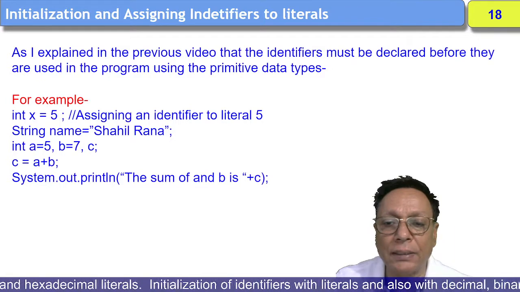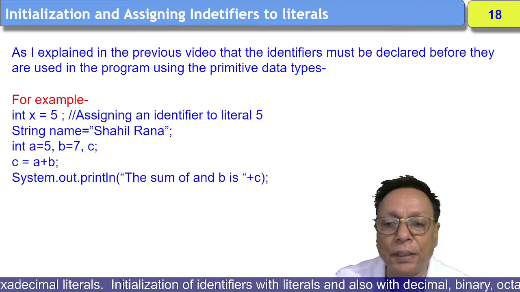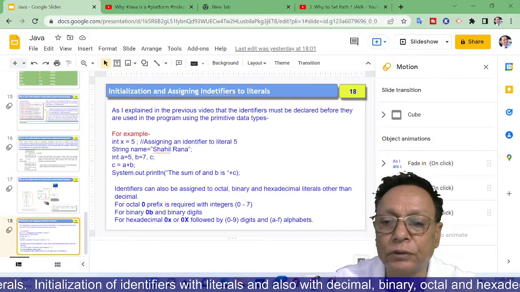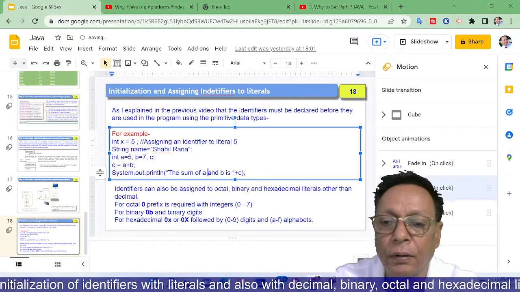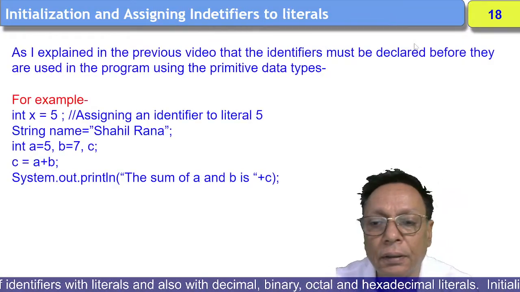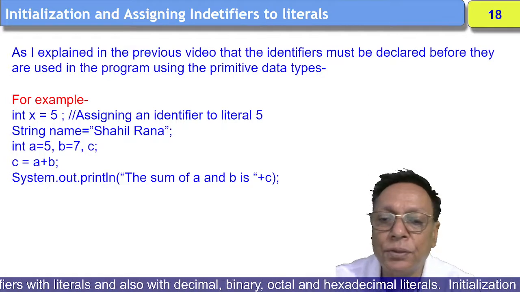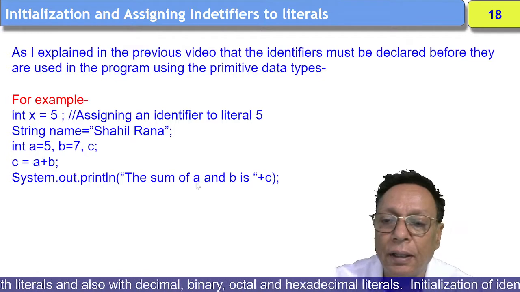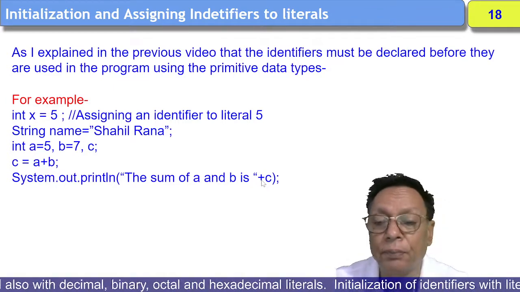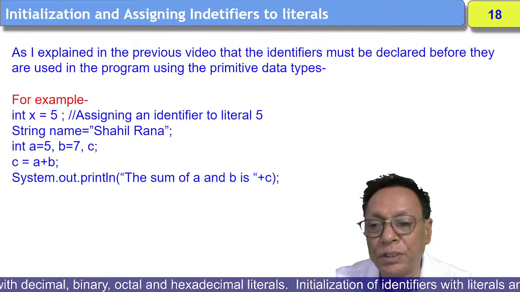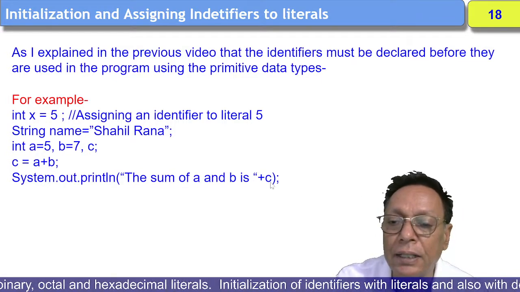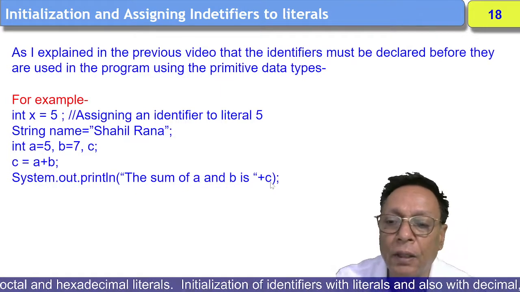Over here, when you apply this function to print the sum of A and B, you write: the sum of A and B is, and then C. This is a string, and if you apply the plus operator, it means you are going to concatenate the statement given here: the sum of A and B is, then the concatenation operator, and then C. Whatever C holds will be printed as a string.